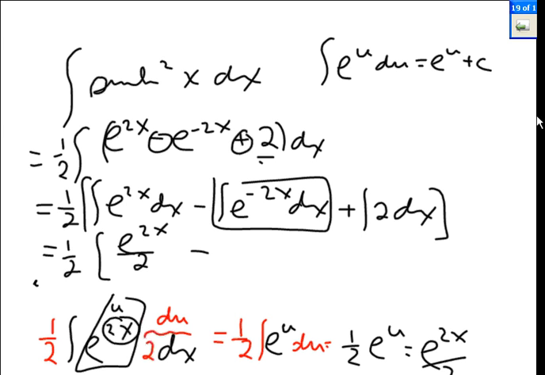The big difference is the exponent is not 2, but rather negative 2. So the derivative of negative 2x would be, if u equals negative 2x, then du would be negative 2 dx. So I'd have to factor out a minus a half.